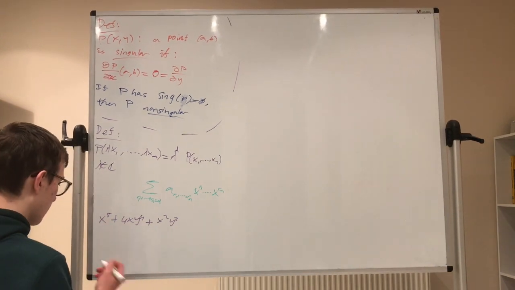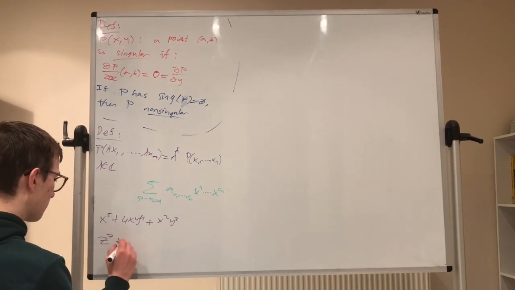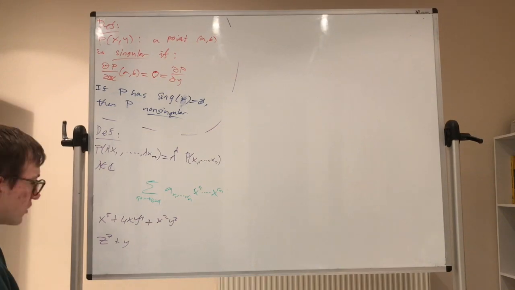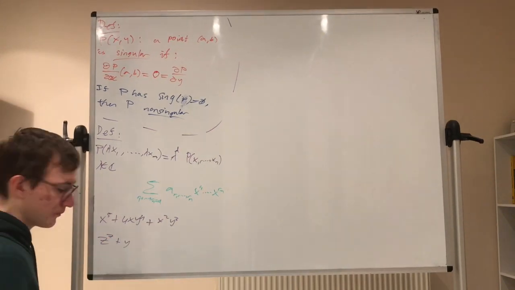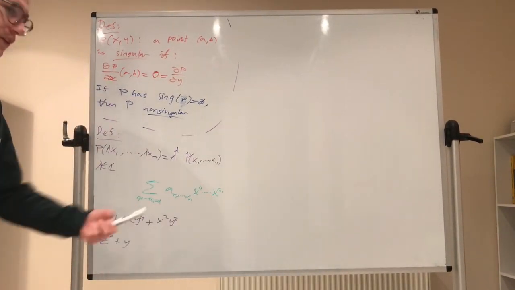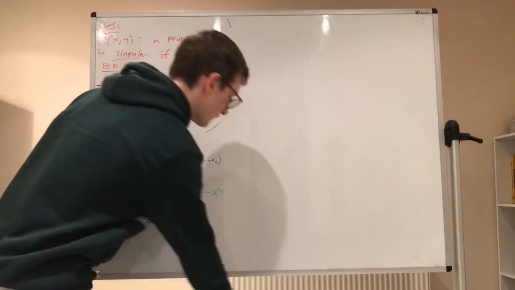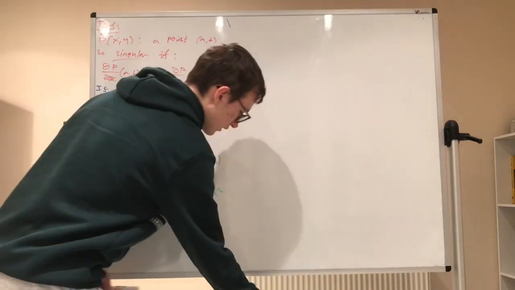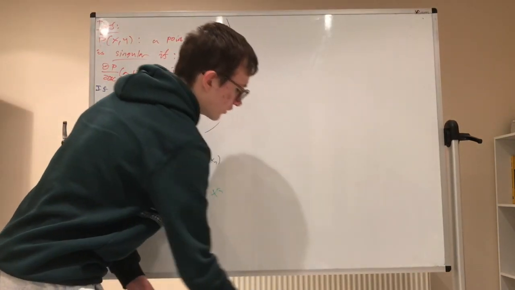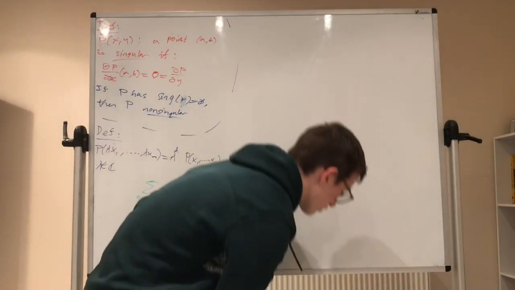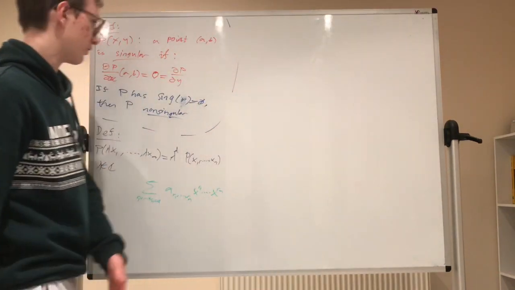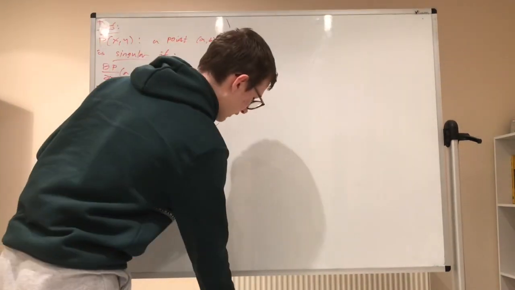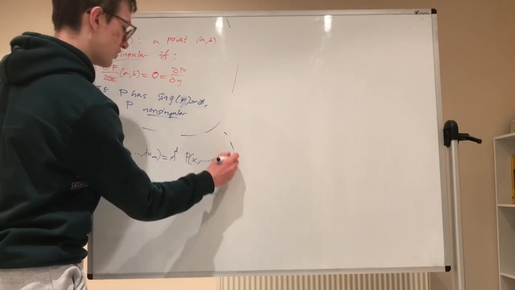But x to the 7th plus y, for example, is not homogeneous because 7 is not equal to 1. So that's what this equivalent definition is saying, and that makes it a lot easier to spot whether a polynomial is homogeneous or not. So okay, that's the definition of a homogeneous polynomial.